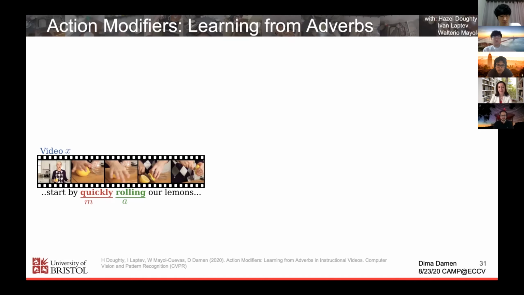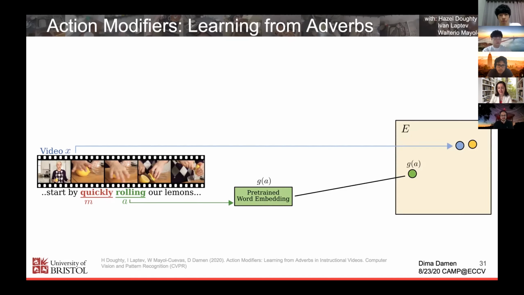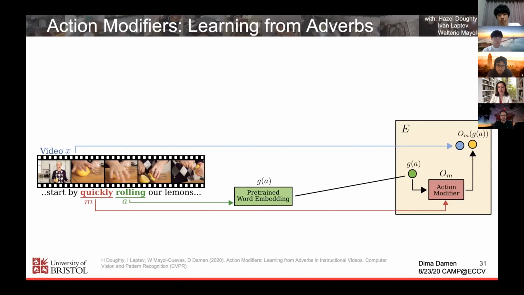So what we attempt to do, again, this is an embedding space. We're trying to project the video close to the modified verb. So if green is the embedding of the verb roll, we want to learn this modification, which is a transformation in the embedding space that makes rolling happen quickly, right?